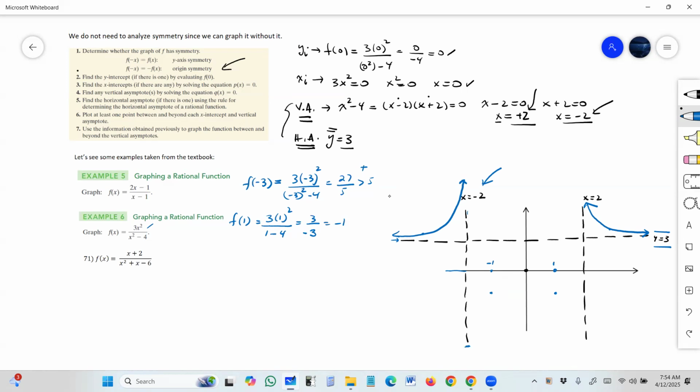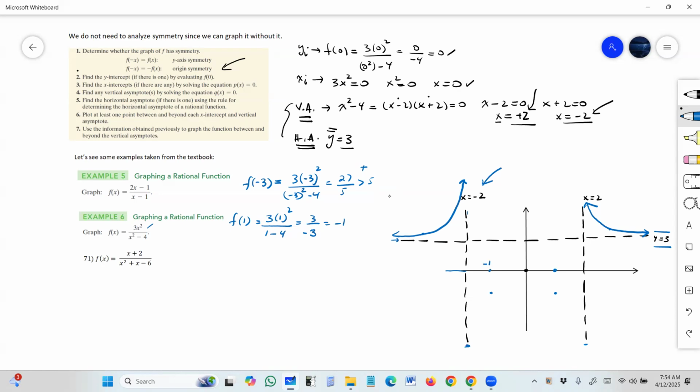I mean, you understand that these two lines are asymptotes, and this location is an intercept. Now, what does it mean to be an intercept? It means that the function has to go through it. Okay? All right, so let's see if we understand exactly what to do with only these two points.